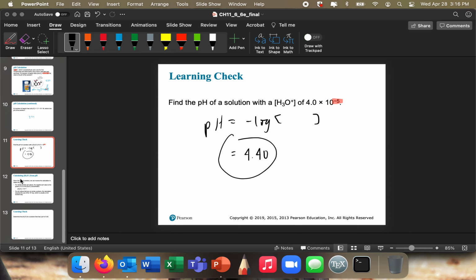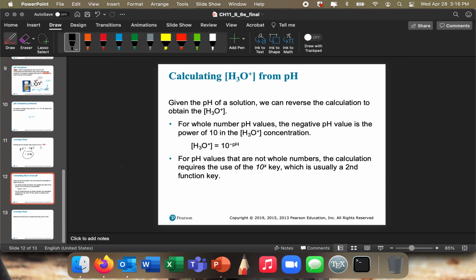Okay, so let's do another one here. Similar issue. Now we're going to calculate the hydronium ion concentration from pH. You learned this in a math class, which is required for this course, but you may not remember it. The inverse function of logarithms is 10 to the blank.